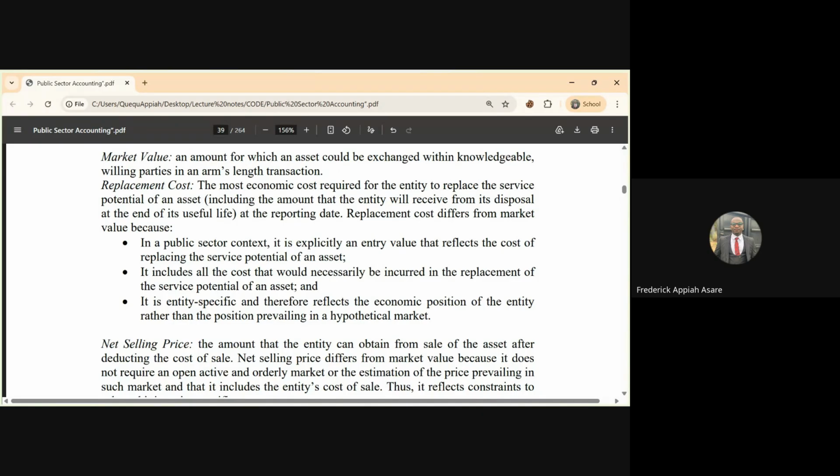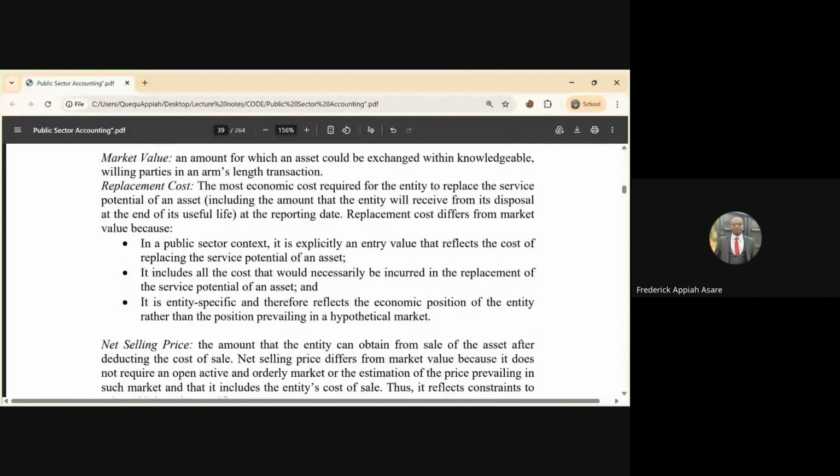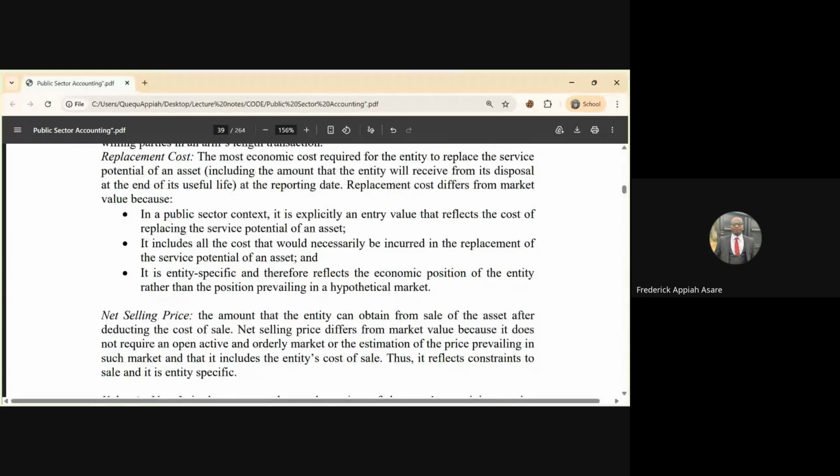That becomes the market value of the asset. Then the replacement cost is the most economic cost required for an entity to replace the service potential of the asset. If you want to replace it, how much are you going to spend before you replace it? That becomes your replacement cost.